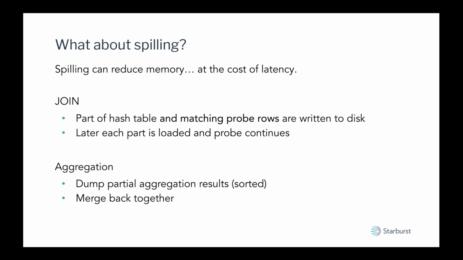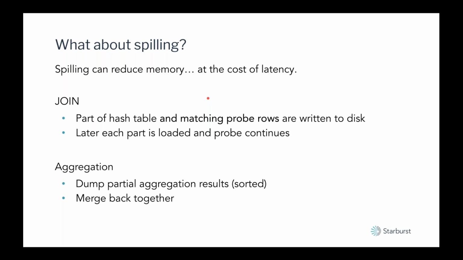Then later we load that part of the hash table off disk, and then we start loading the probe rows against it. And it's possible that all parts will end up on disk, but this is known as a hybrid hash join or grace hash join. There's a bunch of other terms for it. This has been around since like the 80s or the 70s.